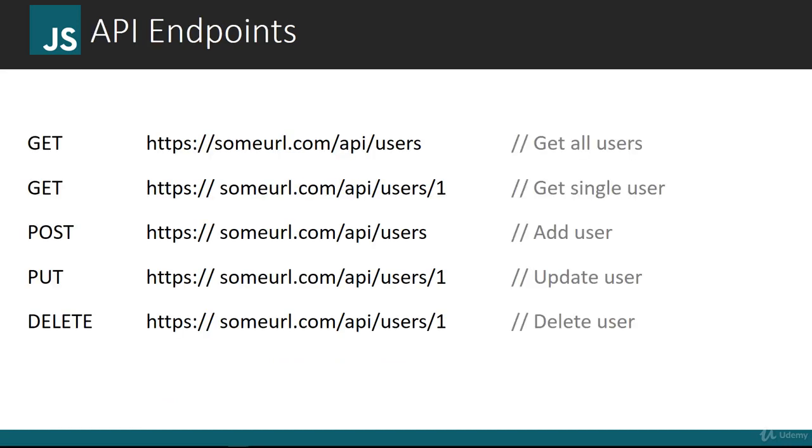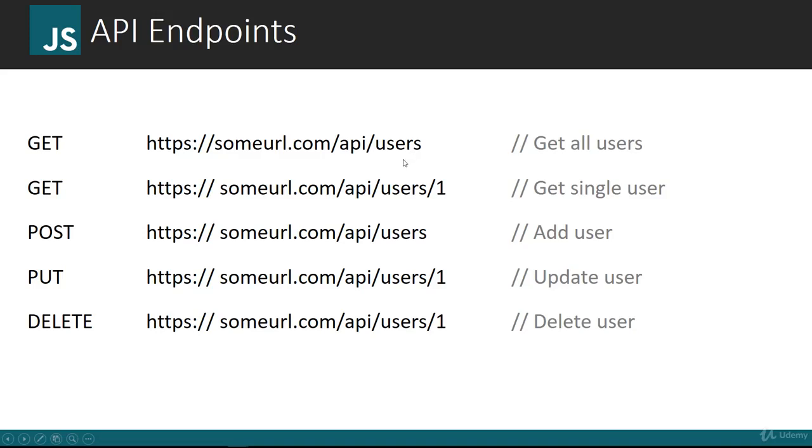All right, now when you have some kind of API, whether it's your own or whether it's an external API, you're going to have something called endpoints, and endpoints are the URLs that you access to do certain things. So a common endpoint to get users, let's say we had an API that allowed you to create, read, update, and delete users, you would make a GET request to something like someurl.com/api/users.